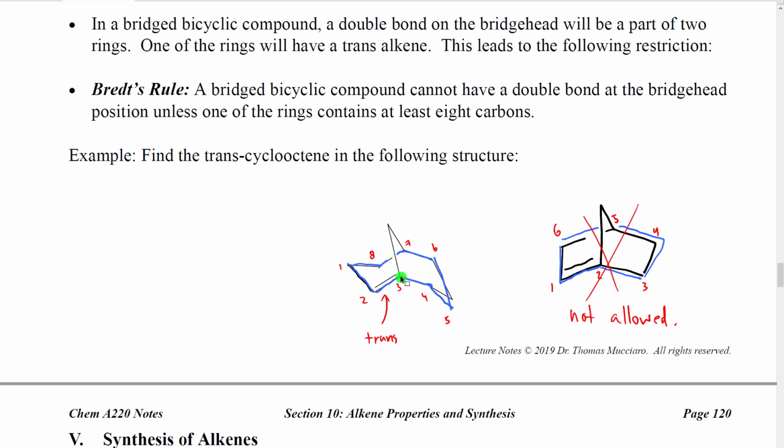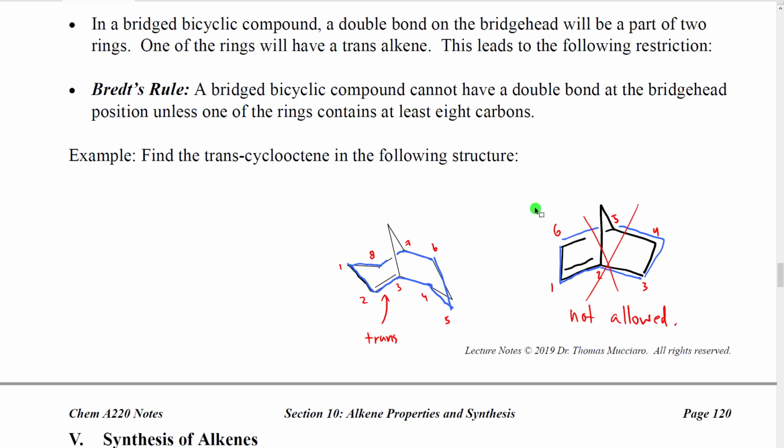One of these bonds will be on the same side of the bond axis as the incoming bond. That will make it cis. So that will be a cis double bond in a ring. But the other bond will have to come out on the other side of the bond axis, which is going to make it trans. And that bond will continue around and form a different ring.